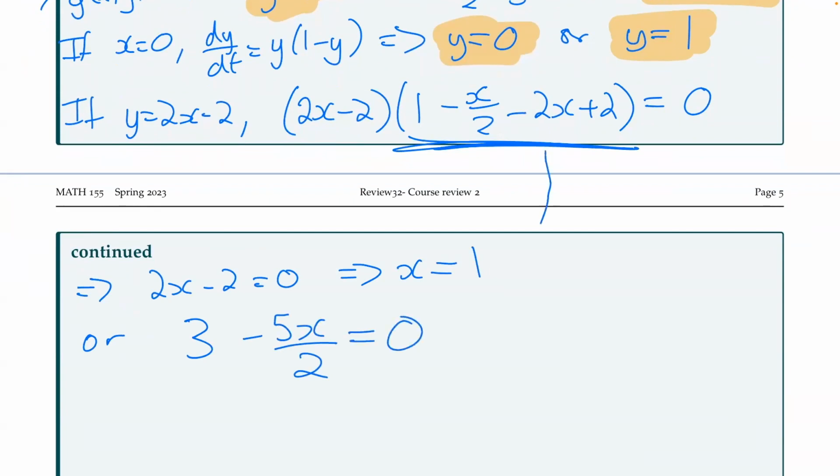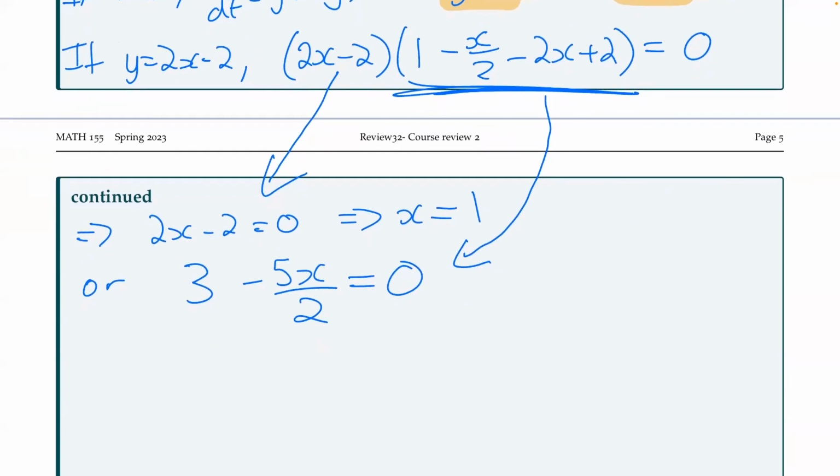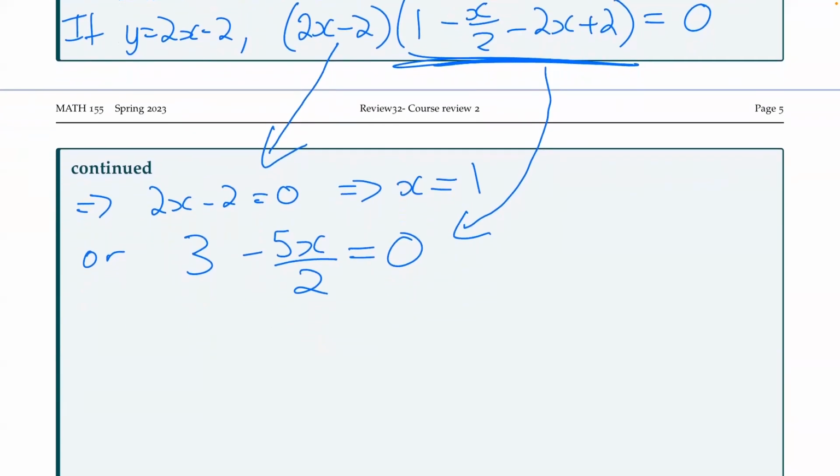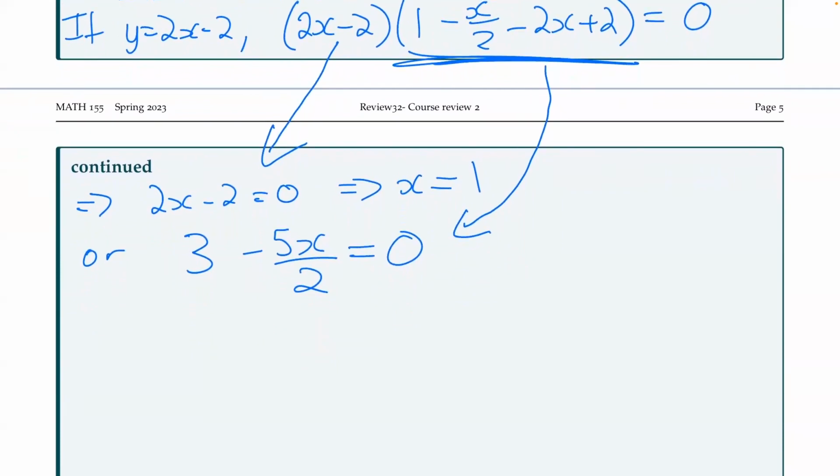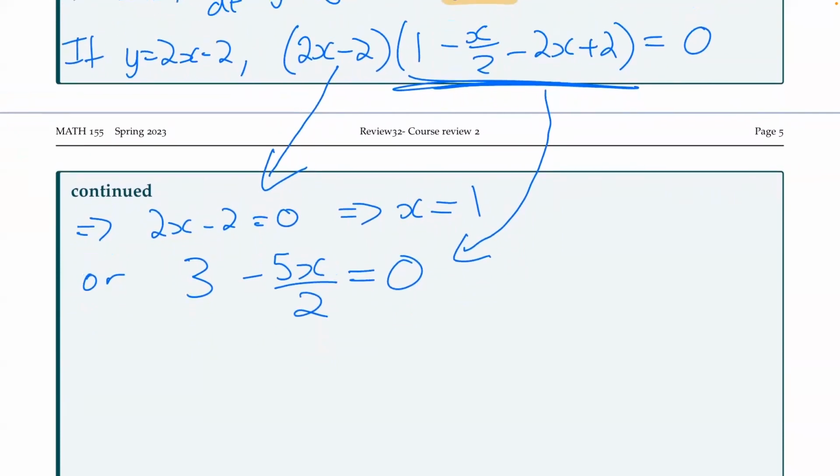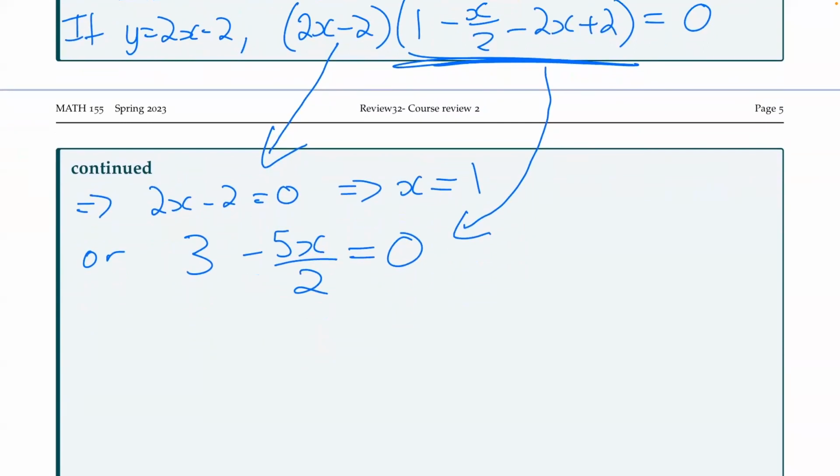Okay, so that's just this thing here being equal to 0. The first bracket being equal to 0 tells me that x must equal 1. And the second bracket being equal to 0 tells me that 3 minus 5x over 2 must equal 0. So if we rearrange this, we should get x is equal to 6 over 5.